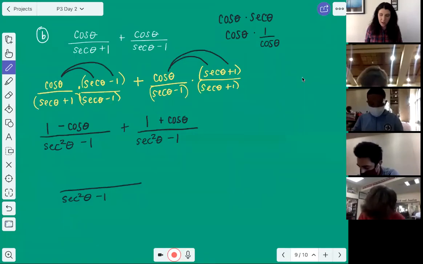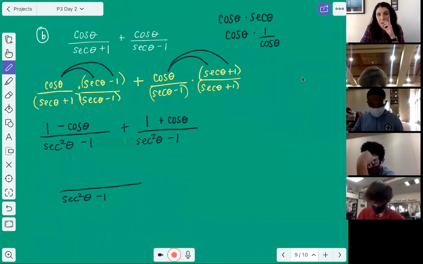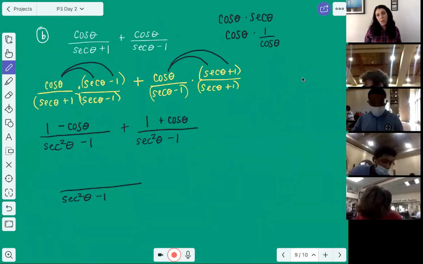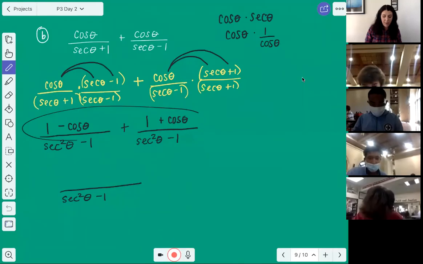I have secant squared theta minus 1 as my denominator. What would I get as my numerator if I added all of those things together, Miles? What would I get up there? Miles Nash? Yeah, sorry, say that question one more time. Yeah, what do I get when I simplify this?